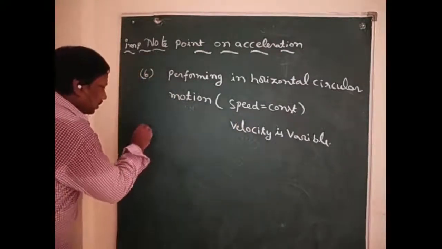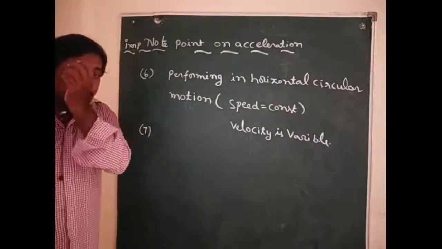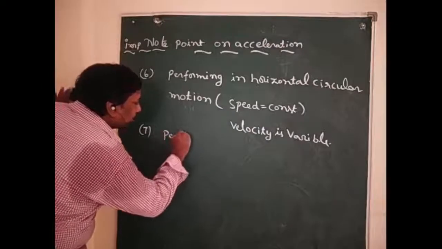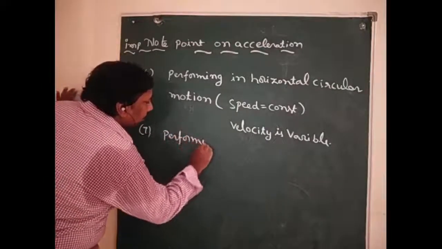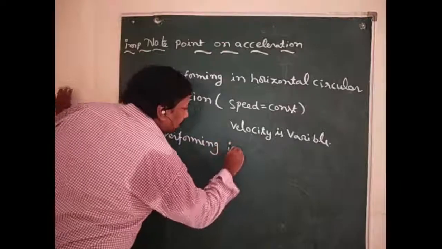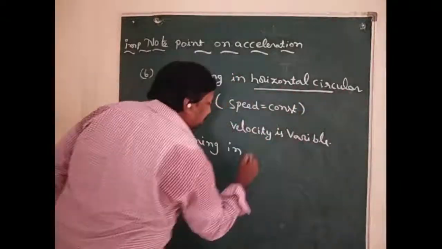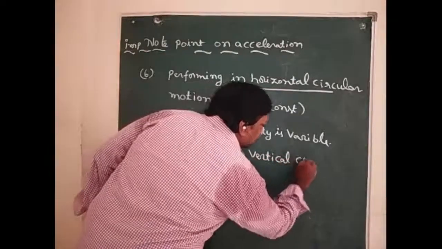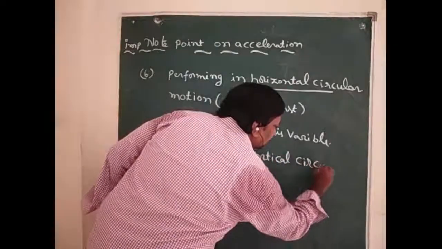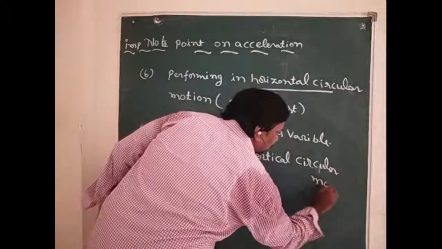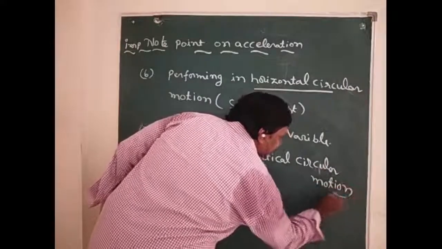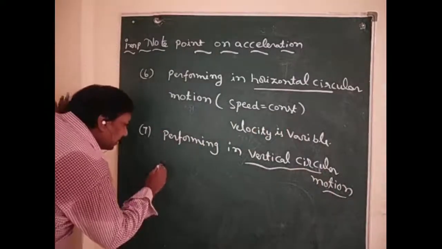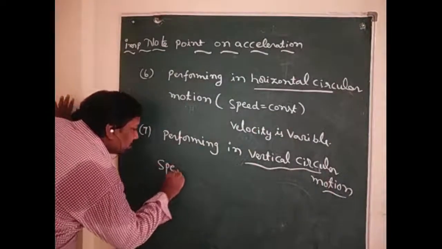Next, point number 7. When a particle is performing vertical circular motion, the body's speed is variable.